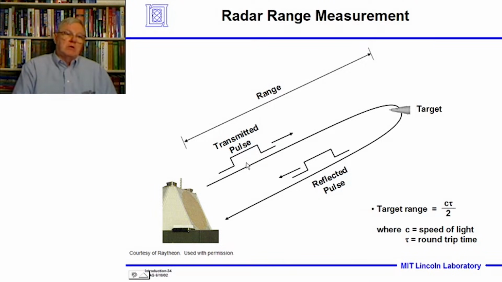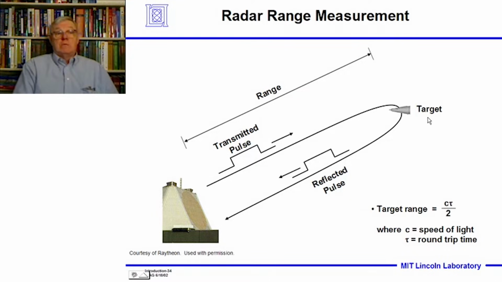We send out a transmitted pulse, it hits the target, the reflected pulse comes back, okay? And so the time that it takes to go out and back, the round trip time, that's the time between when the transmitter turns on and when we receive it, is the round trip time.